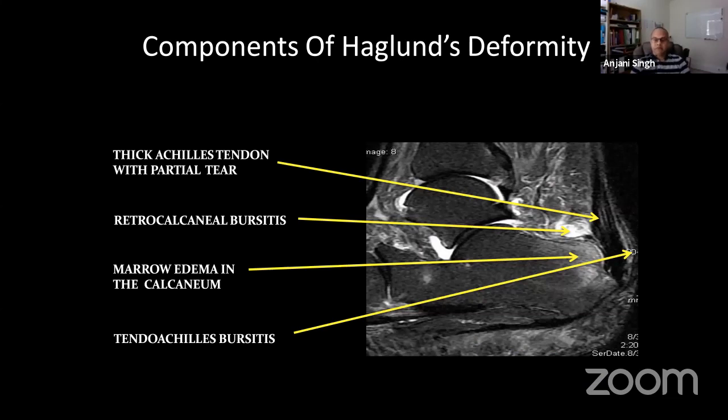So this is the Haglund's deformity, a posterior superior prominence of the calcaneal tuberosity, and here you see the Haglund's triad, or the presentation with thickness of the Achilles tendon.